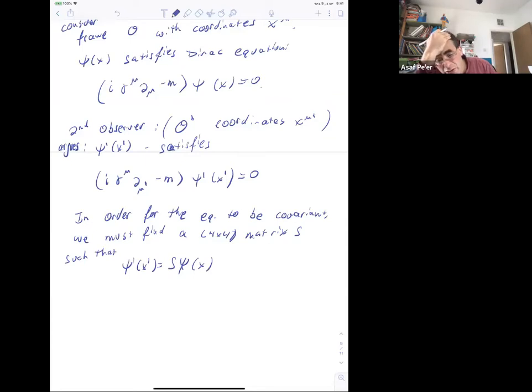Now we have to be a bit careful in how we do it, but let's see if such a matrix S exists. Well, it does, because otherwise I wouldn't tell you that it's covariant.